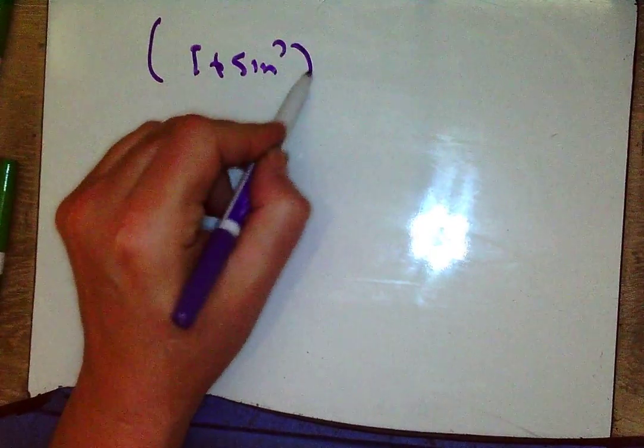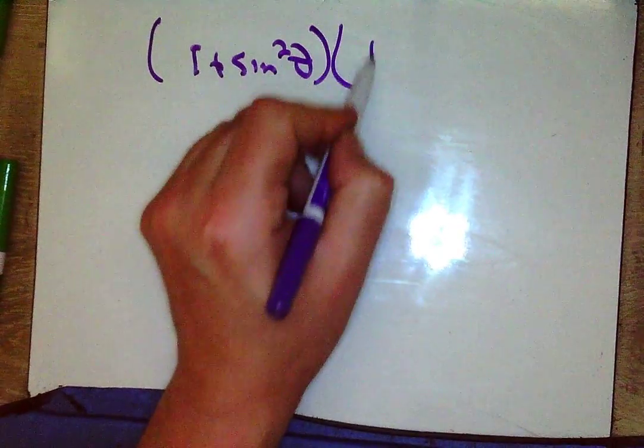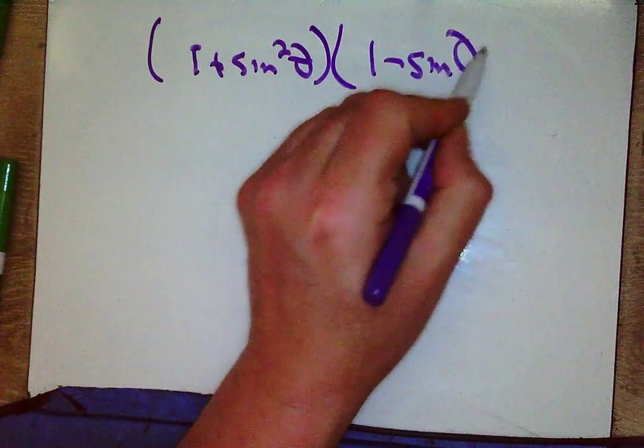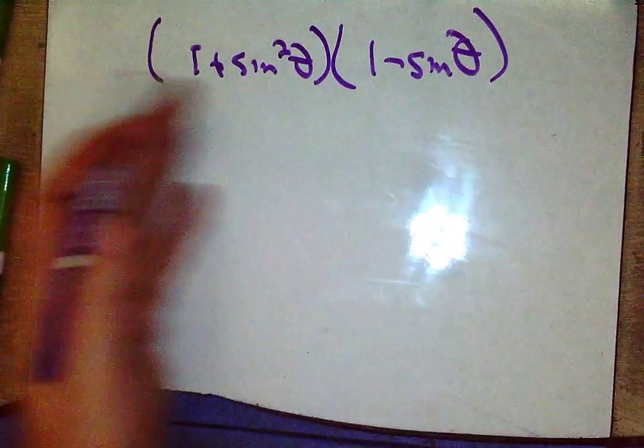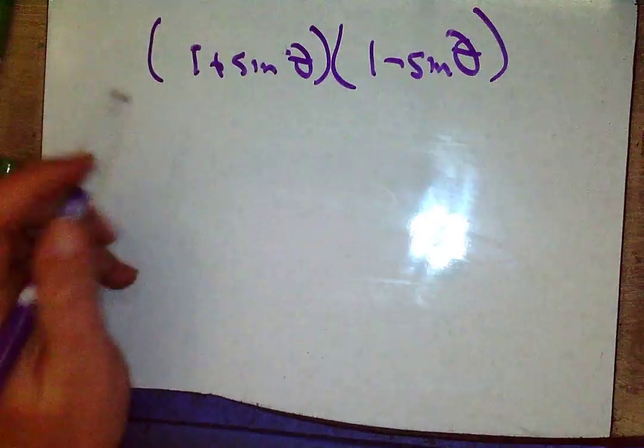All right, now, that in mind, let's look at this problem. We're told that 1 plus sine theta times 1 minus sine theta. And so we know how to FOIL. So let's FOIL.